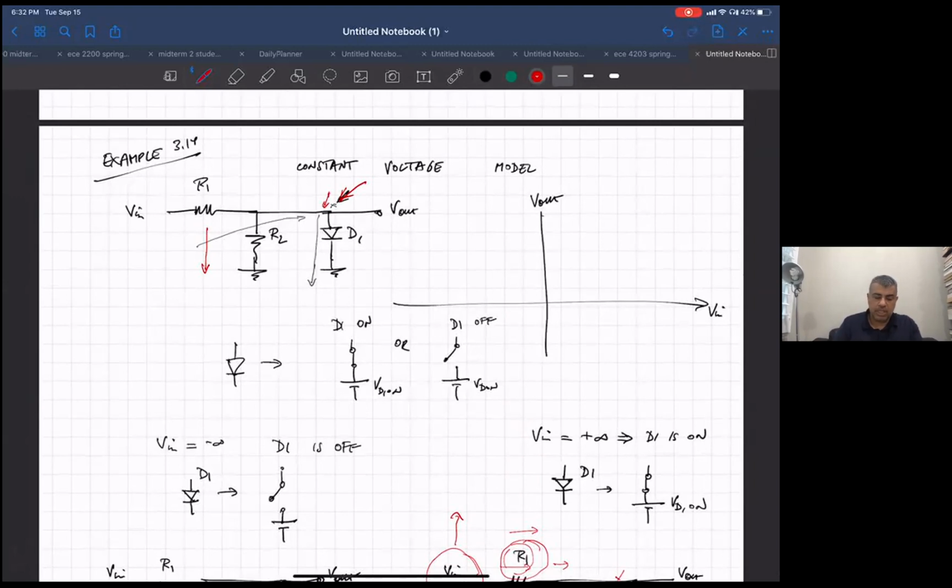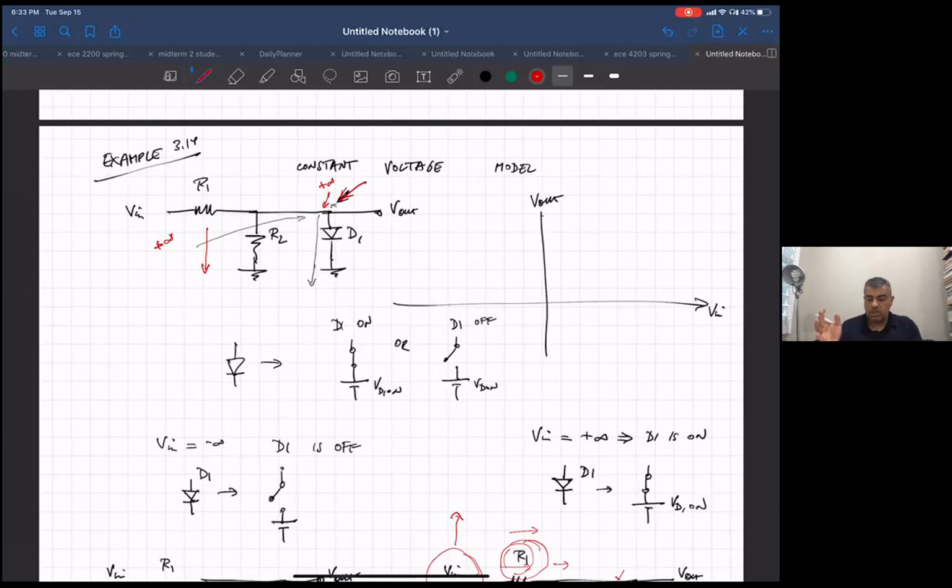So if Vn is minus infinity, this node is gonna be minus infinity times R1 over R1 plus R2, or whatever you wanna call it, but it just means it'll be minus infinity. Vice versa, if Vn is plus infinity, even though I'm going through a resistive divider, it's gonna be plus infinity. So it's easy to see what happens across the diode.